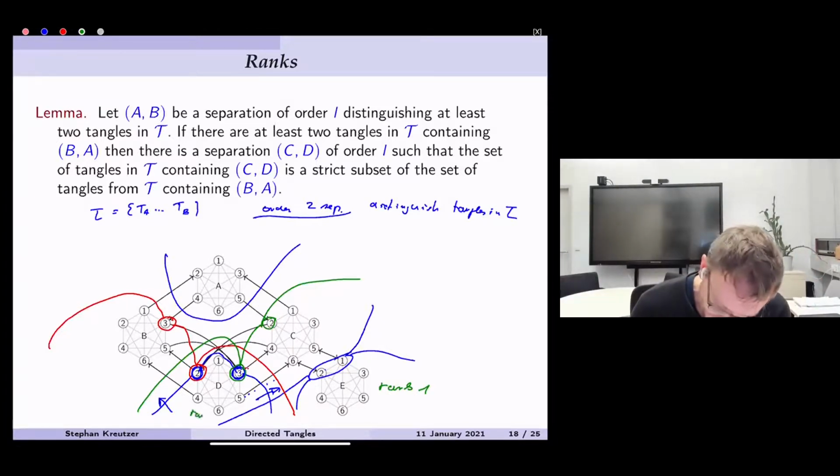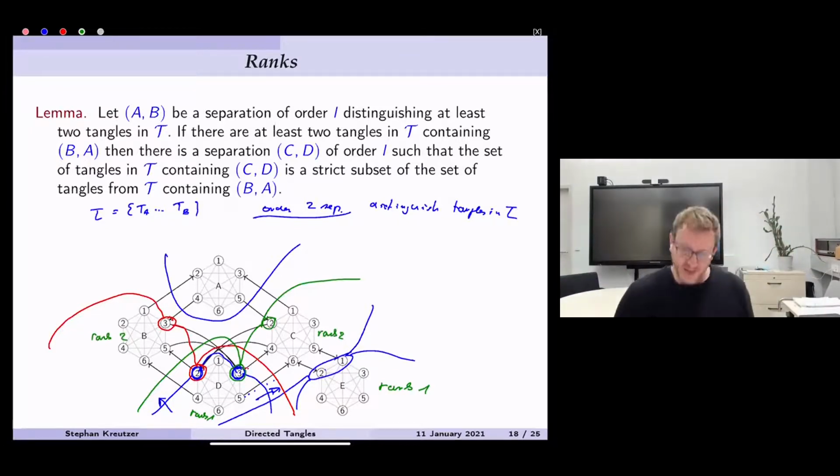This would also be a rank 1 tangle, but these here would have rank 2, and so on and so forth. And so the definition of rank would just be if you can separate it, not counting the lower ranks, you would just separate this tangle from every other tangle of at least rank 2. And this you can do by this separation.